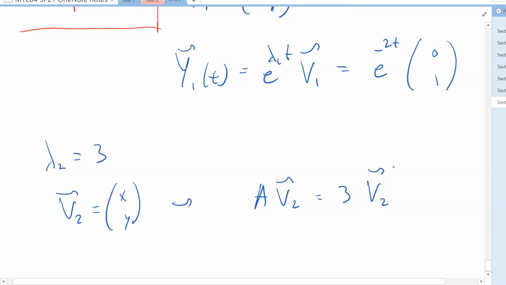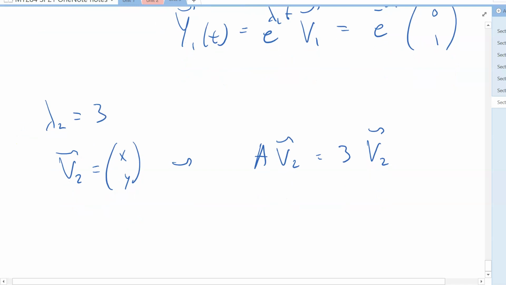Okay, and I'm going to fast forward to the system that we're going to end up with, but it's the same as we had in the previous part here with lambda 1. We're going to get this system, 3x is the first equation on the left side, and then x minus 2y is the second left-hand side, and that's going to equal 3 times the first component, which is x, that'll be 3x, and then 3 times the second component of v2, which is y, so 3y.